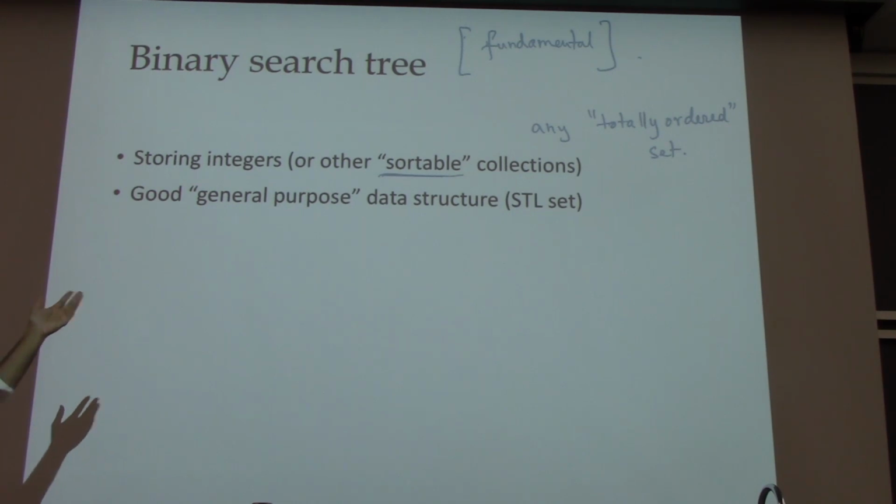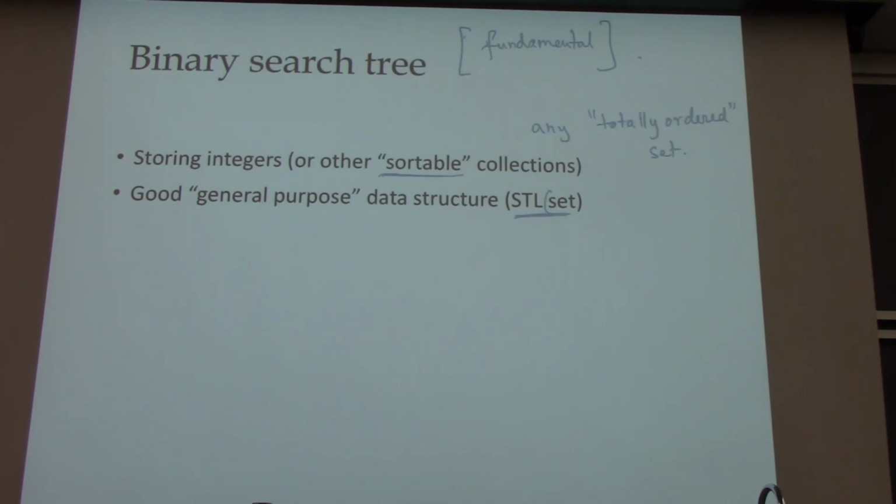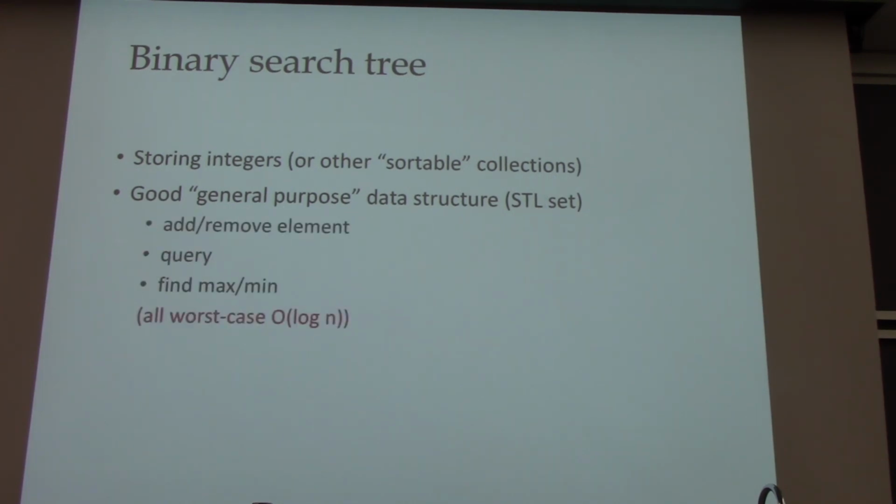And this is a very good general purpose data structure. Okay, so this also, the standard template library for C++ has a set operator which basically implements a binary search tree. So what does a binary search tree do? So remember, when we talk of data structures, you've got to ask yourself, what does it store?